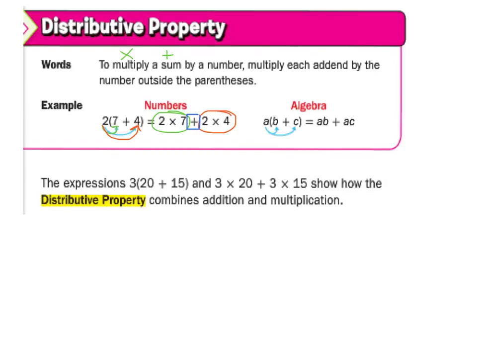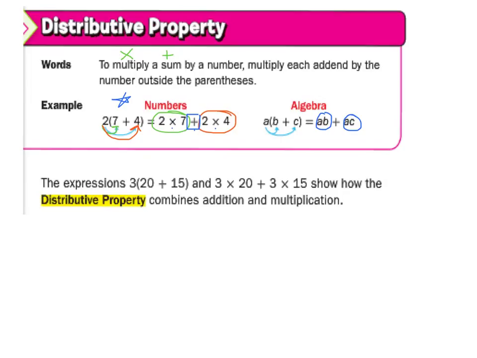So we have multiplication twice and addition once. We could also say this in algebra terms, which simply means use variables, that we can take a times b and then a times c and add them together, and that's exactly what we did over here with the numbers.